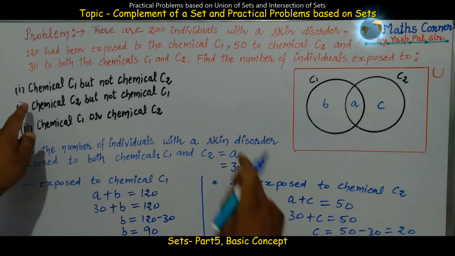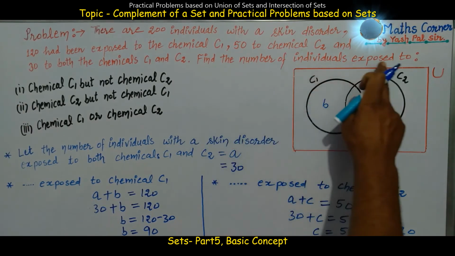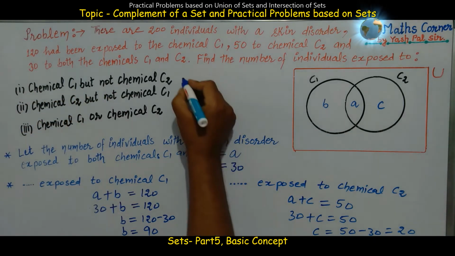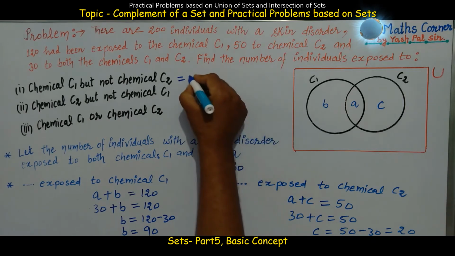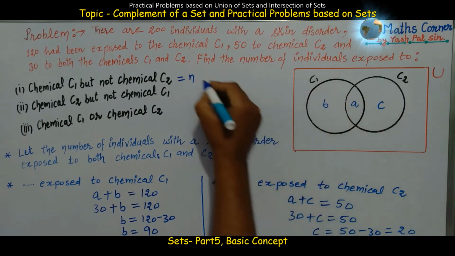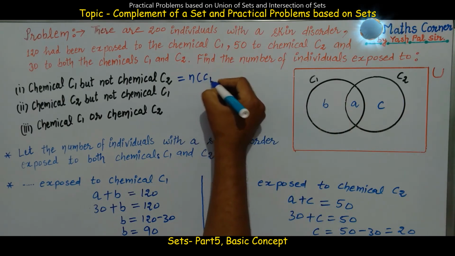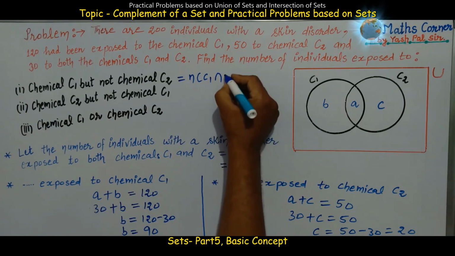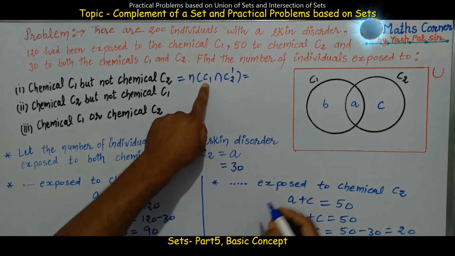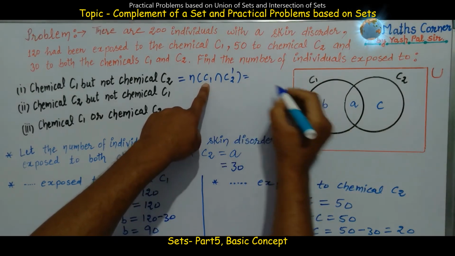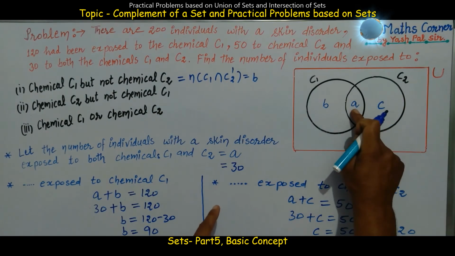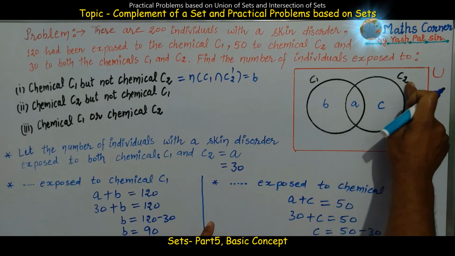Now we come to the question: find the number of individuals exposed to chemical C1 but not chemical C2. So the number of individuals with chemical C1 but not C2 is equal to only the B part, because the A part, which is part of C2, will not be counted.